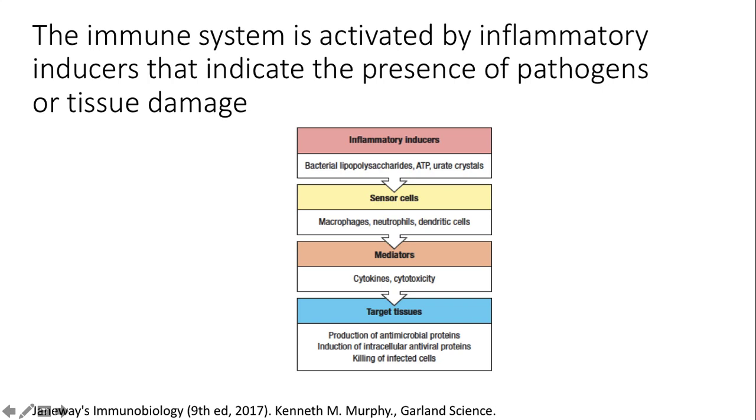And in response, they produce a variety of mediators that act directly in defense or that further propagate the immune response. And the mediators include many cytokines. They act on various target tissues, such as the epithelial cells, to induce antimicrobial proteins, antimicrobial peptides, and they resist intracellular viral growth. Or on other immune cells, such as the innate lymphoid cells that produce other cytokines that will amplify the immune response.